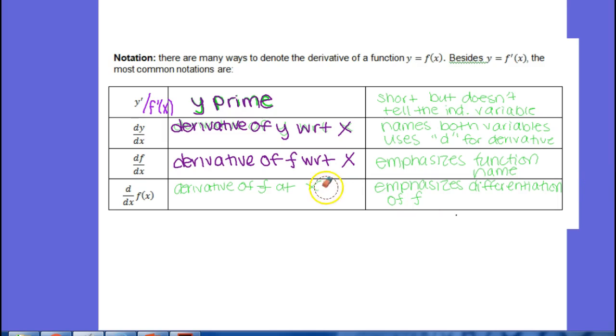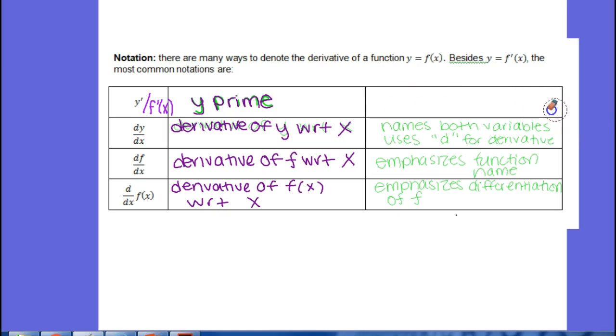And the bottom one is the derivative of f of x with respect to x. The second column is why we use that notation, but also maybe why we don't use that notation. Y prime is the shortest one to write.